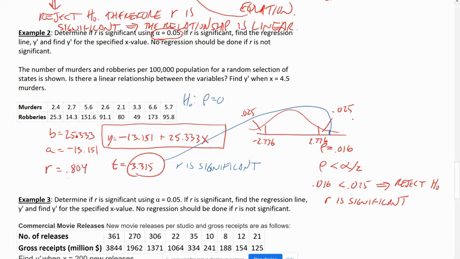Okay, and so R is 0.804, and now that we have this regression equation, if we go back and reread the question there, by the way, in our book they call this equation y prime. So y prime is equal to negative 13.151 plus 25.33x, and then it says find the regression equation and find y prime for the specified x value. No regression should be done if R is not significant. In this case, R is significant.